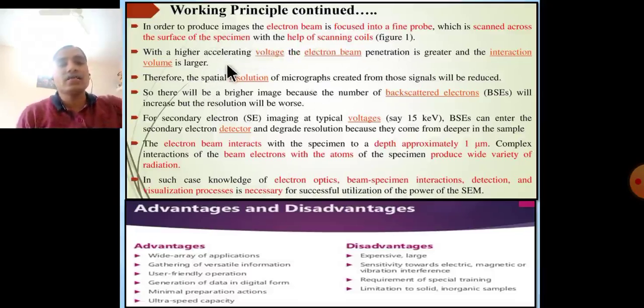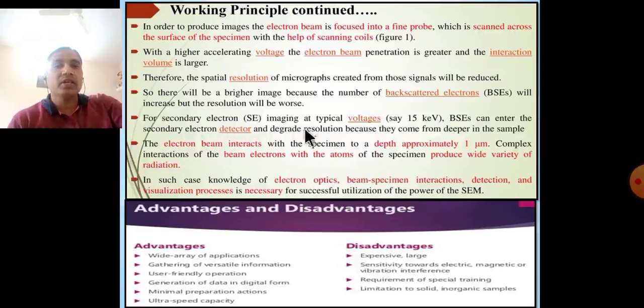With a higher accelerating voltage, electron beam penetration is greater and the interaction volume is larger. Therefore the spatial resolution of the micrograph created from those signals will be reduced. There will be a brighter image because the number of backscattered electrons increases, but resolution will be worse.